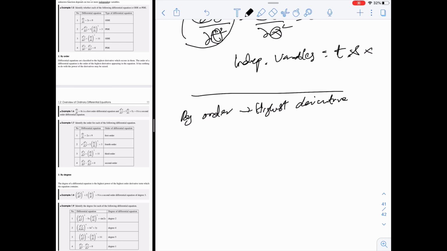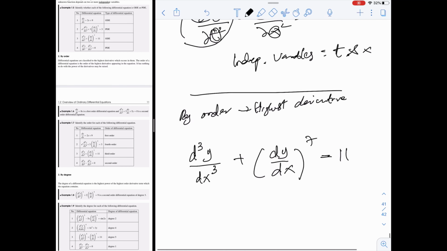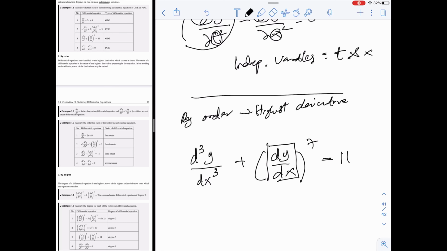For example, if you have d cube y over dx cube plus dy over dx to the power of 7 equal to 11. As we stated, the order is the highest derivative, so you need to check the terms here. Exclude this one. This one is the first derivative, and this one is the third derivative.